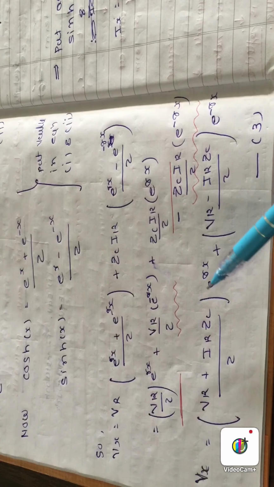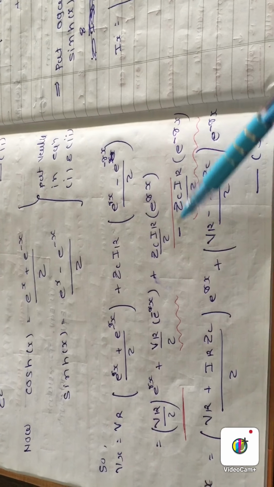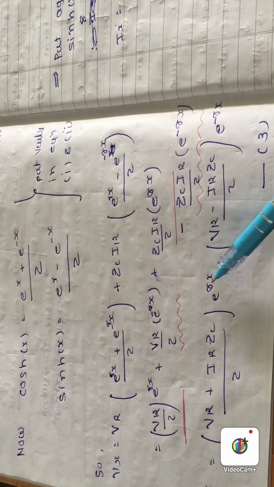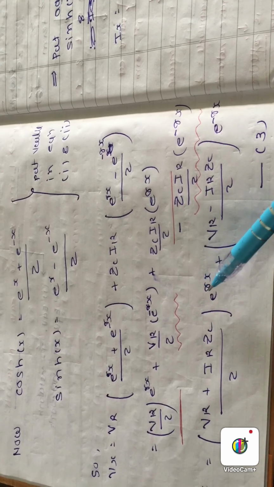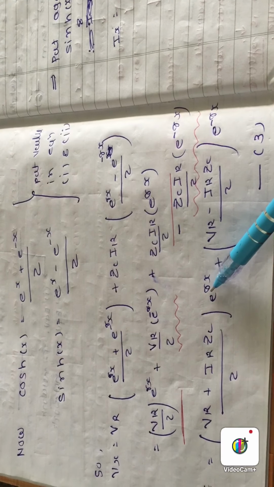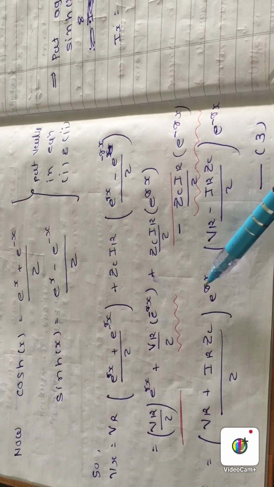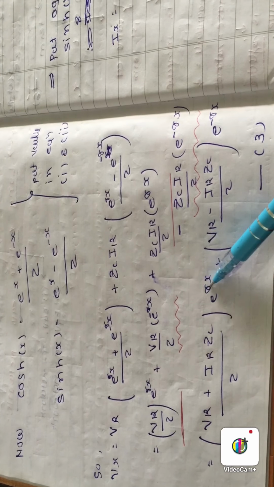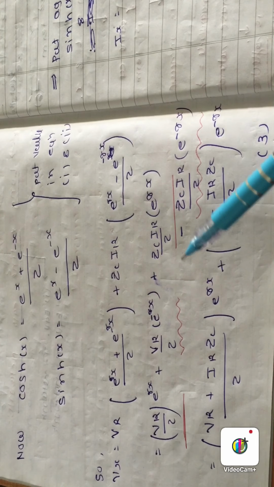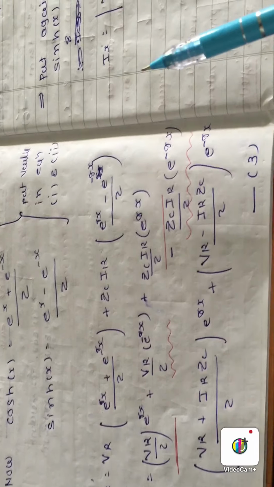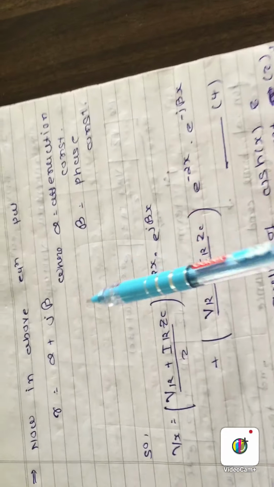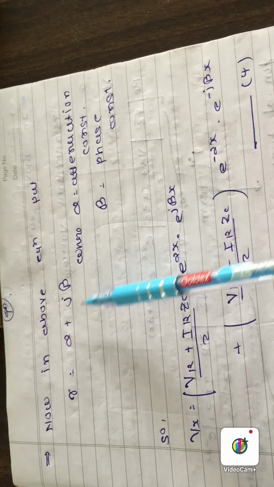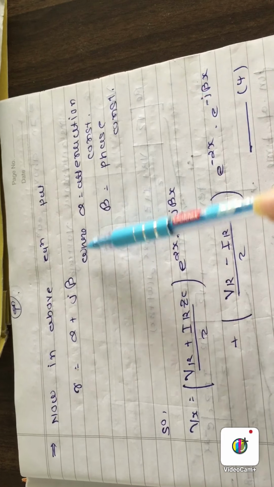Now we will put the value of gamma. Gamma is represented as alpha plus j beta. Why? Because gamma is a complex quantity, and a complex quantity can be represented as a real number and an imaginary number. So instead of gamma we will put alpha plus j beta in this equation, where alpha is the attenuation constant and beta is the phase constant.